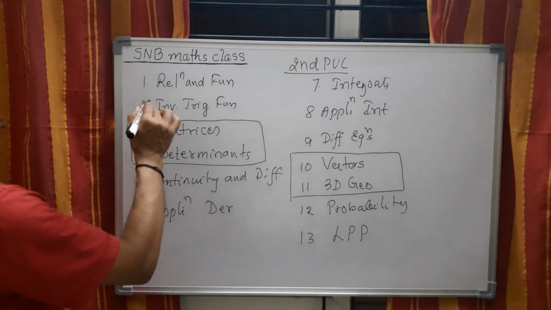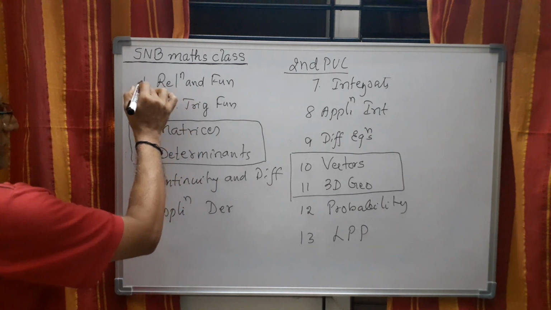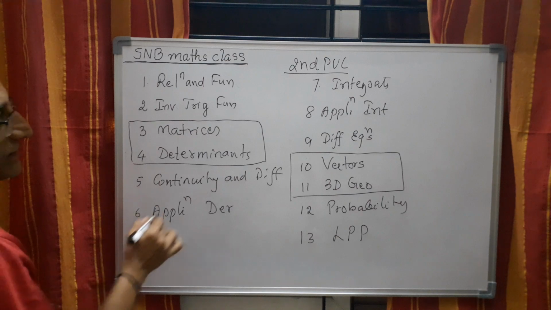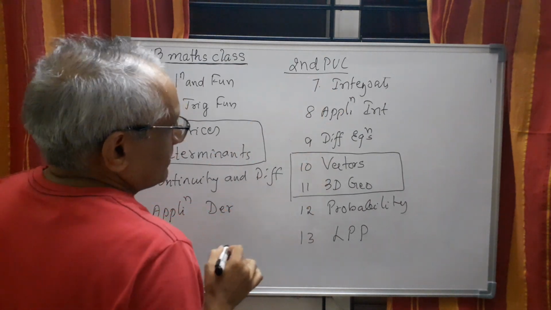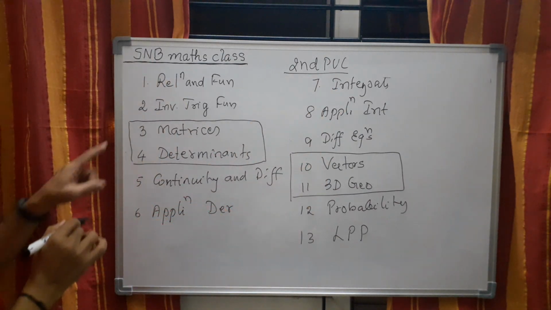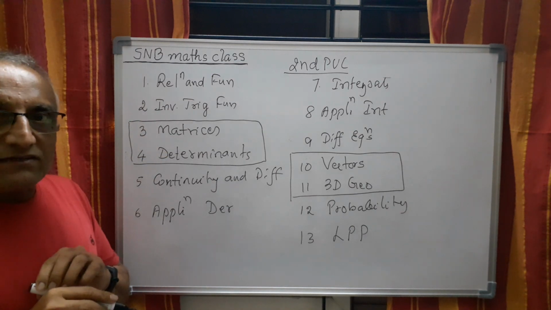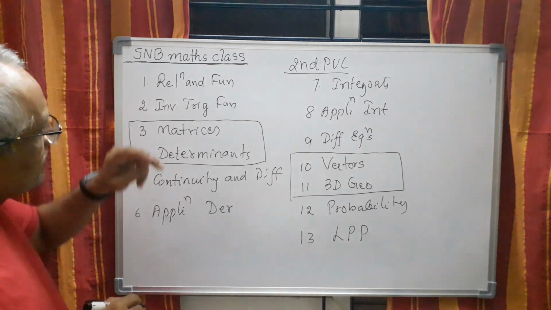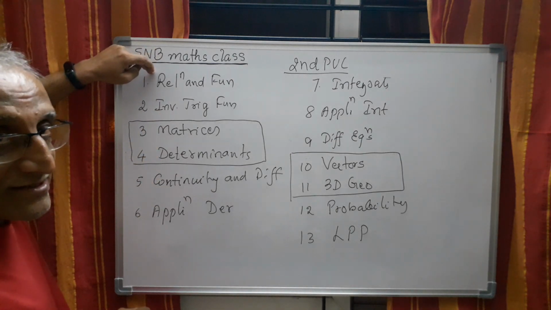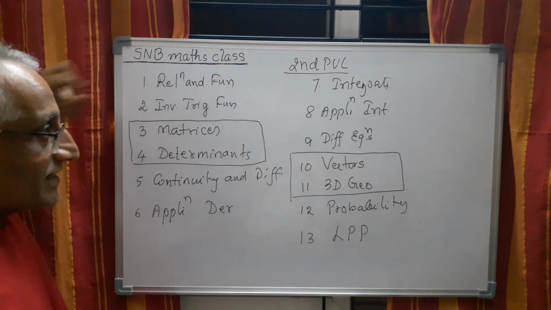If you take the remaining, for example, chapter number 1, 2, 5, 6, 7, 8, 9, to study inverse trigonometric function, of course, you should have the knowledge of trigonometry which you have studied in first year. But the knowledge of this chapter is also required. So they are in a way related.